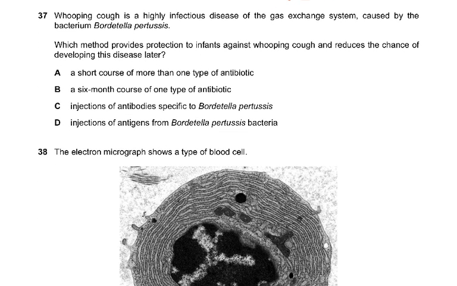Then coming to question number 37. Whooping cough is a highly infectious disease of the gas exchange system caused by the bacterium Bordetella pertussis. Which method provides protection to infants against whooping cough and reduces the chance of developing the disease later?